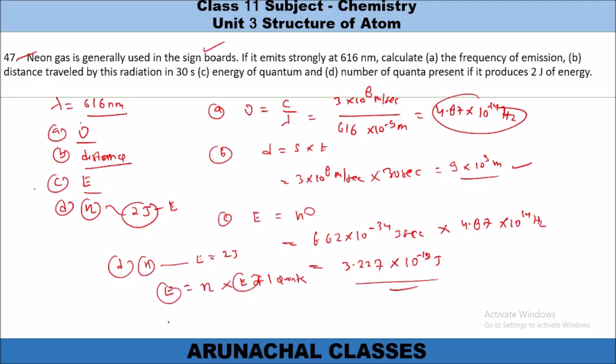So this energy they have given as 2 equal to n number of quanta packets times the energy of one quanta, which is 3.227 into 10 power minus 19 joule. Then n value we can get as 6.2 into 10 power 18. So these many number of quanta packets are there when 2 joule of energy is produced.